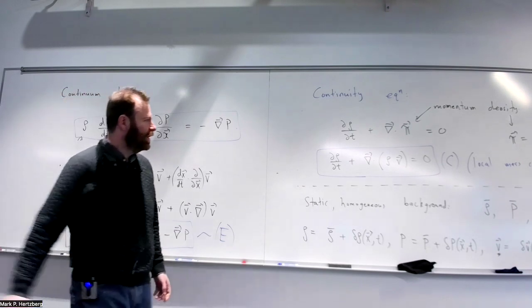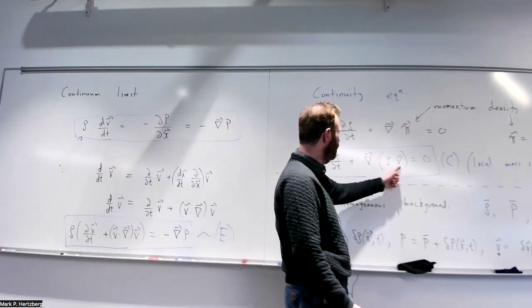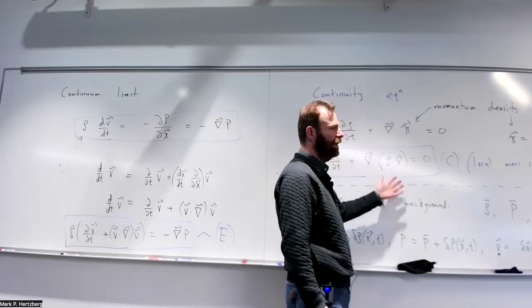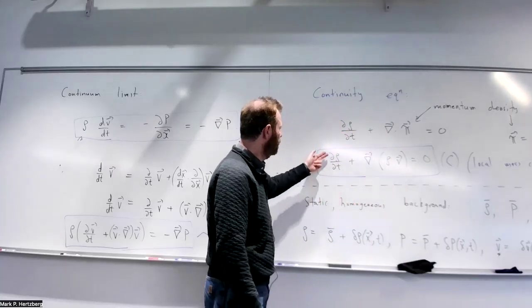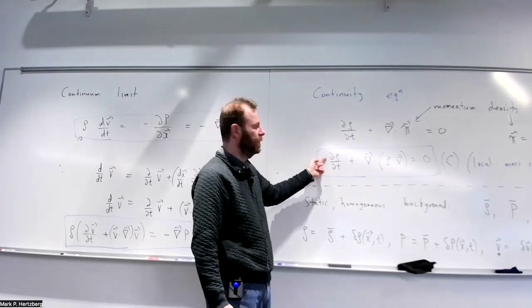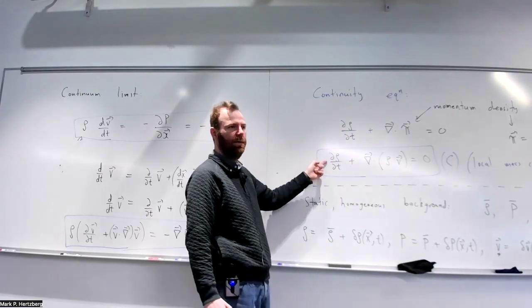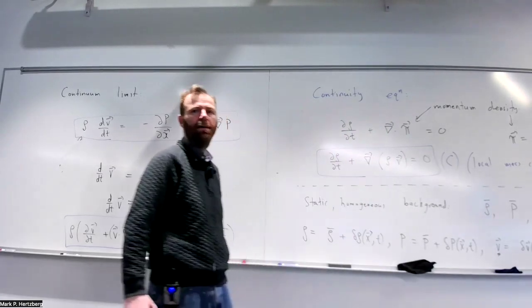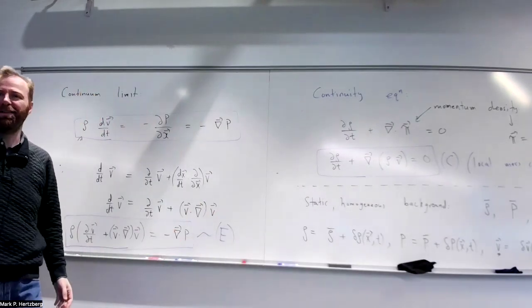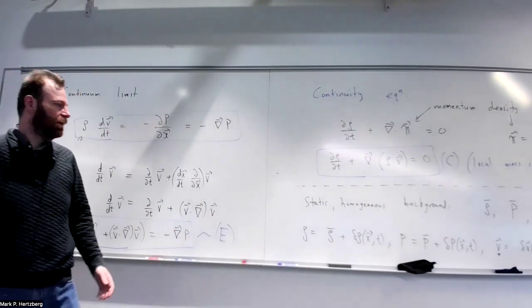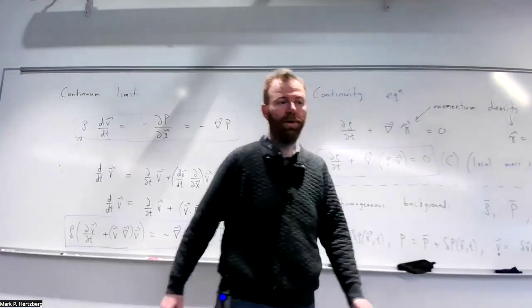And then if I check this equation, V is 0 on the background, so that's vanishing. And rho is static, so d rho background dt is 0. So every term is 0 on the background. So it's a valid thing to write down. Okay, so our task is to look at the perturbations around this to first order.